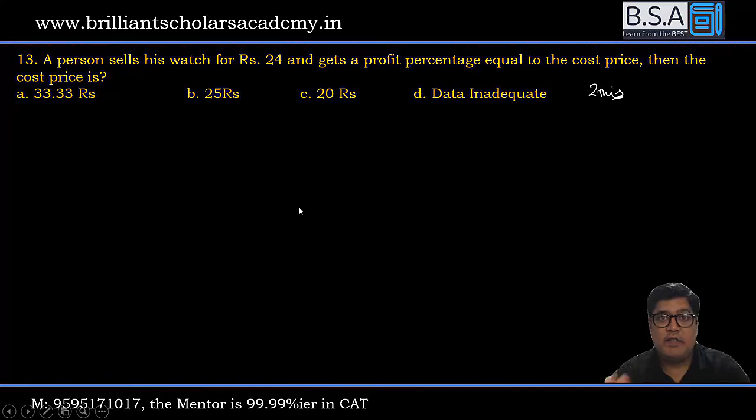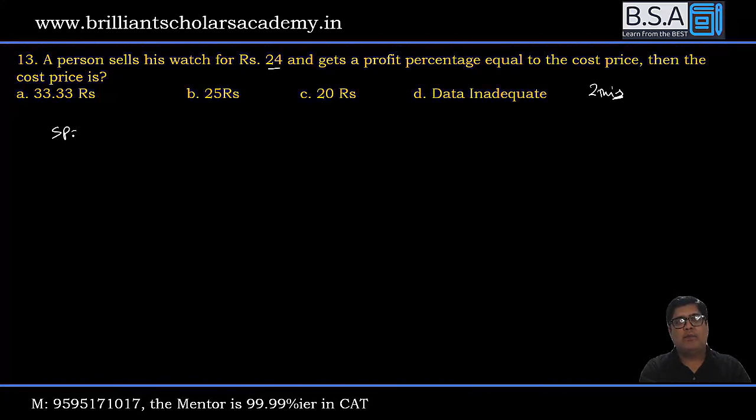So if you notice, the way the question has been framed is, a person sells a watch for 24 rupees. The person gets a profit percentage equal to cost price. Then the cost price is? Selling price is 24 and you are saying the profit percentage is equal to cost price.